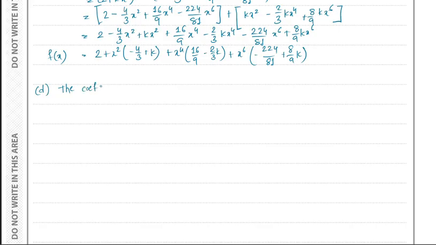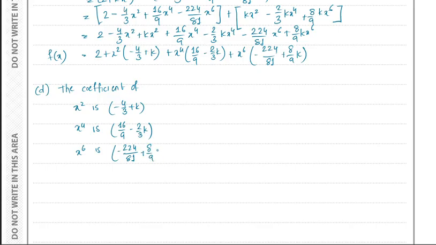The coefficient of x squared is minus 4 by 3 plus k. This is what we got from our expansion. The coefficient of x to the power 4 is 16 by 9 minus 2 by 3 k, and the coefficient of x to the power 6 is minus 224 by 81 plus 8 by 9 k.